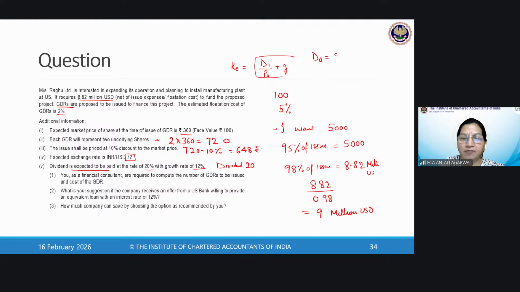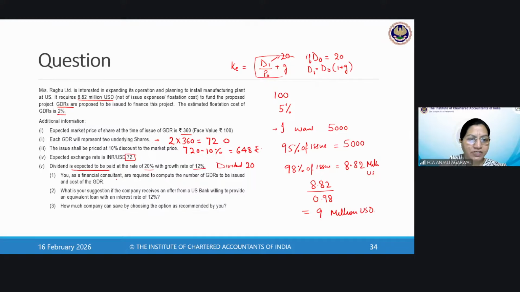D0 would then have been 20 and we would have added D0 into 1 plus growth to find D1. But here D1 is given as 20. This will help us find the cost of the GDRs.